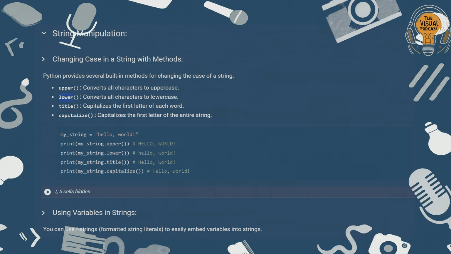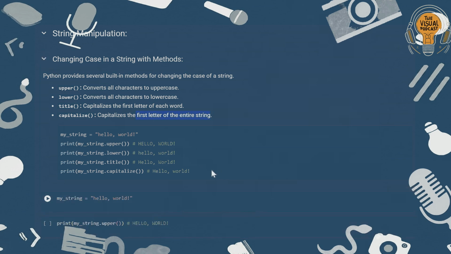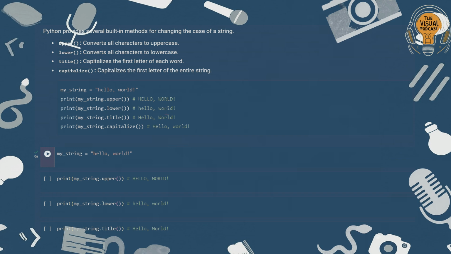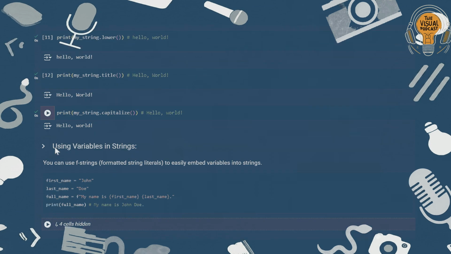Lower converts all characters to lowercase. And title capitalizes the first letter of each word, and capitalize capitalizes the first letter of the entire string. Wow, there are so many ways to manipulate the case of strings.